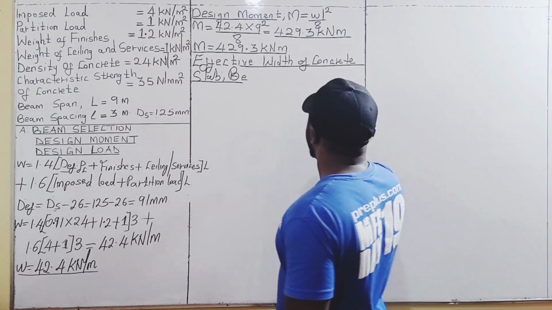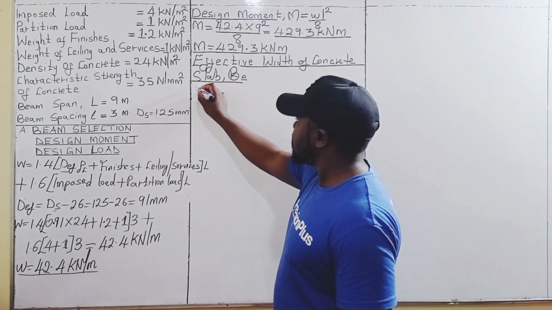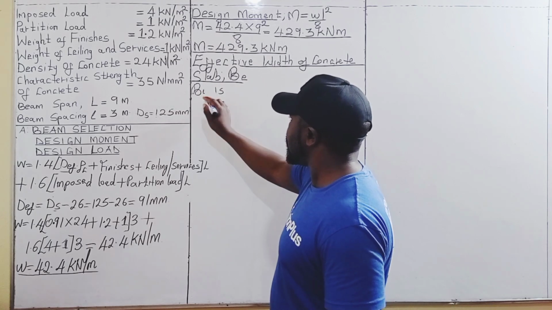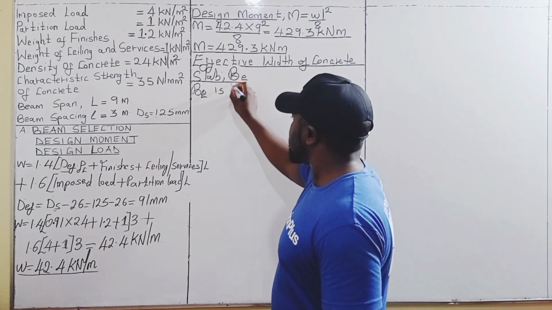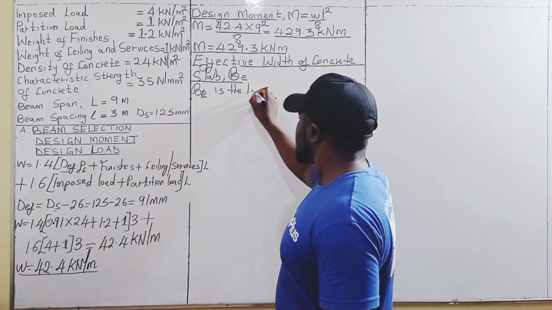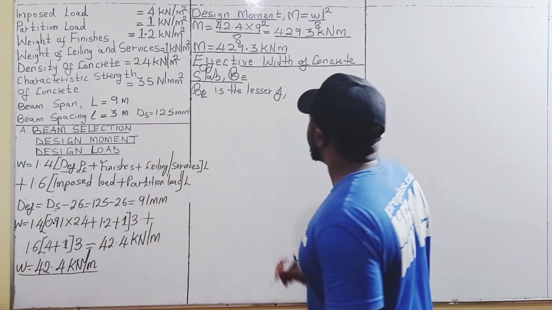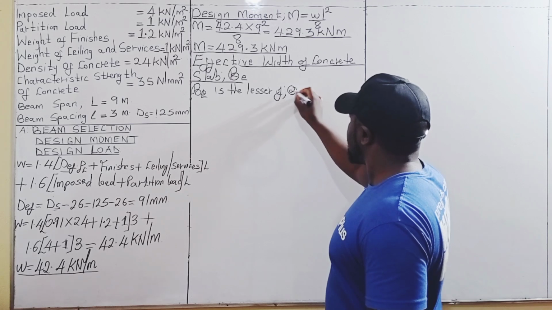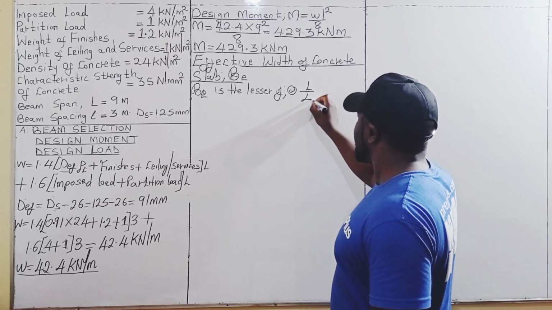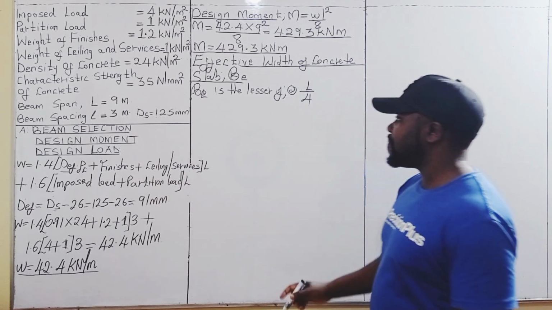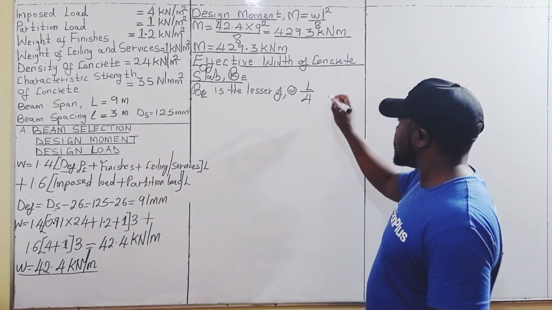The effective width of the concrete slab, BE, is the lesser of L divided by 4. That is the beam span divided by 4. So that is 9 meters. We convert to millimeters.